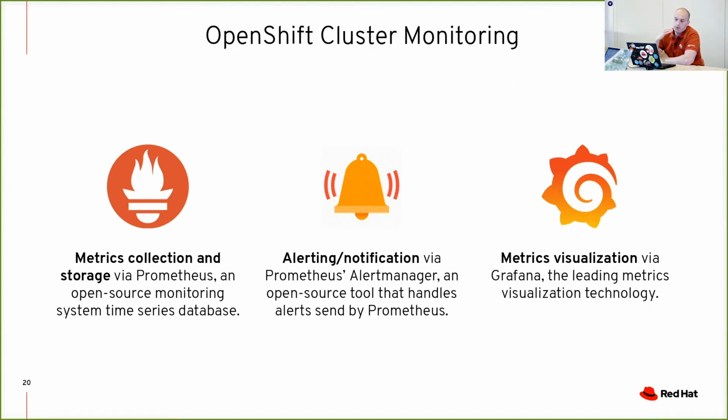So you don't have to install that stack yourself, but you can also extend the configuration of the monitoring stack to be able to monitor your own applications. So it's a built-in feature that you can simply use without the need to configure and manage it separately.